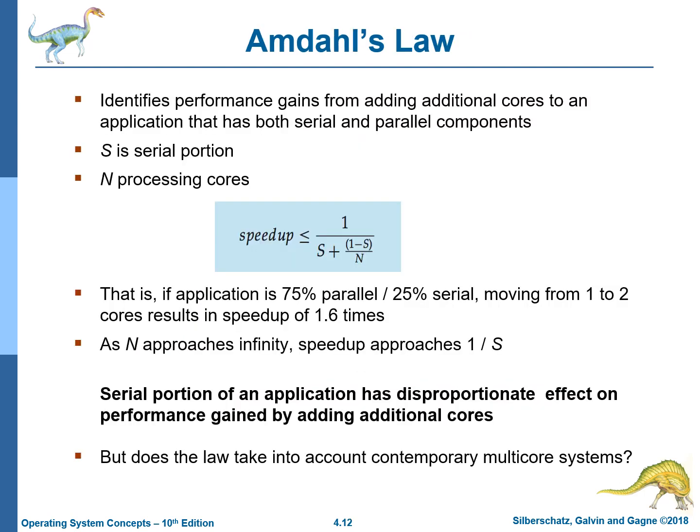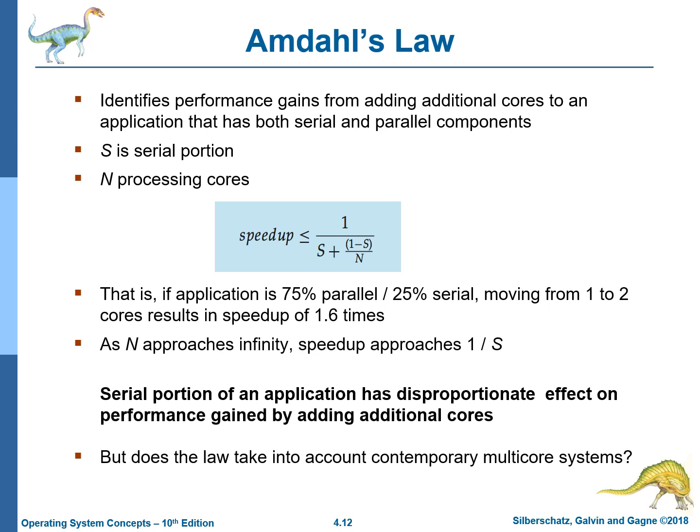Amdahl's law identifies performance gains from adding additional cores to an application that has both serial and parallel components, where S is the serial portion and N is the number of processing cores. That is, if an application is 75% parallel and 25% serial, moving from 1 to 2 cores results in a speedup of 1.6 times.